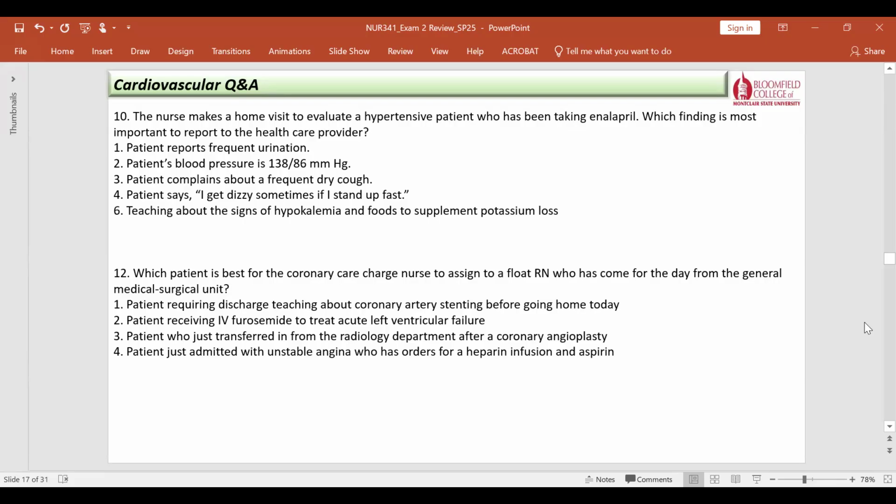The other patients need to be cared for by the RN who are more familiar with the care of patients who have acute coronary syndrome, like acute MI and unstable angina, because they have experience to take care of these patients, like patients post angioplasty, for example, patients post cardiac stenting that requires more advanced preparation and more experience and expertise. But number two, anyone from any med-surg unit can do it.